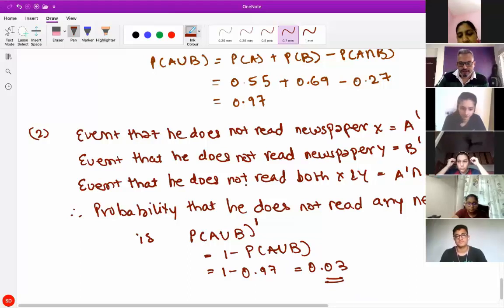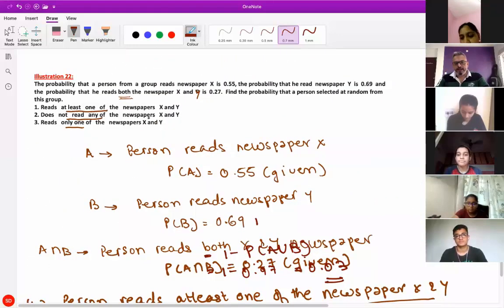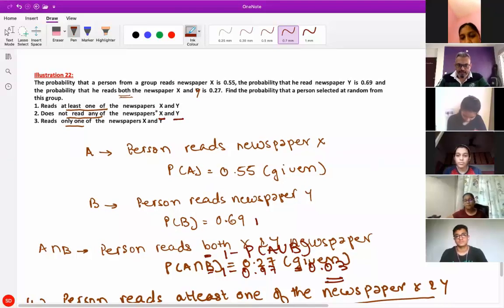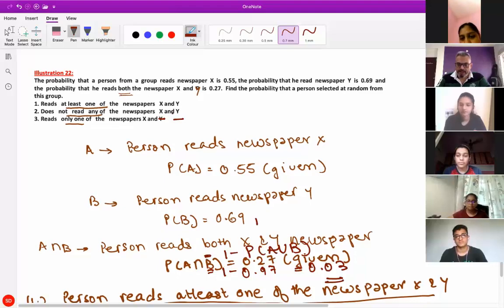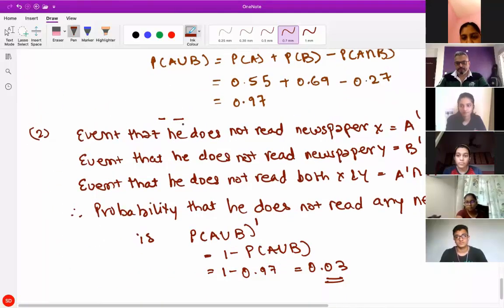So neither X nor Y nor both. That is what is asked. He does not read any of the newspaper X and Y. So neither he reads X, neither he reads Y, neither he reads both. This is how you have to do it. Write it down please.